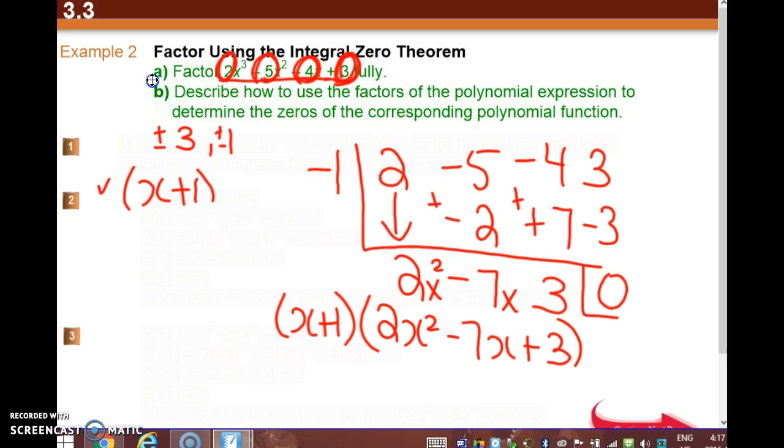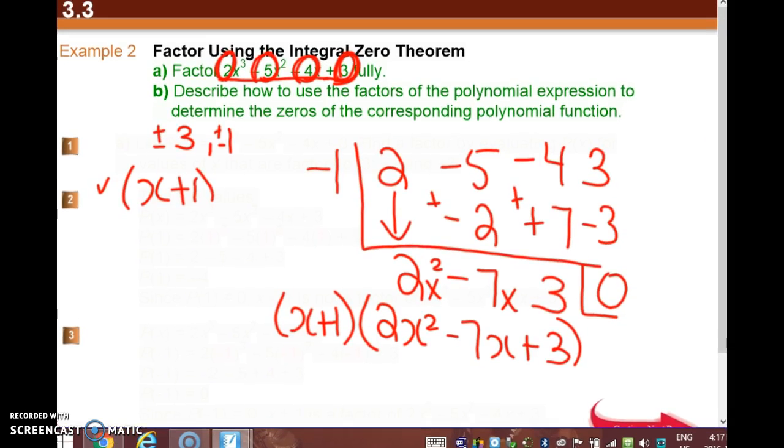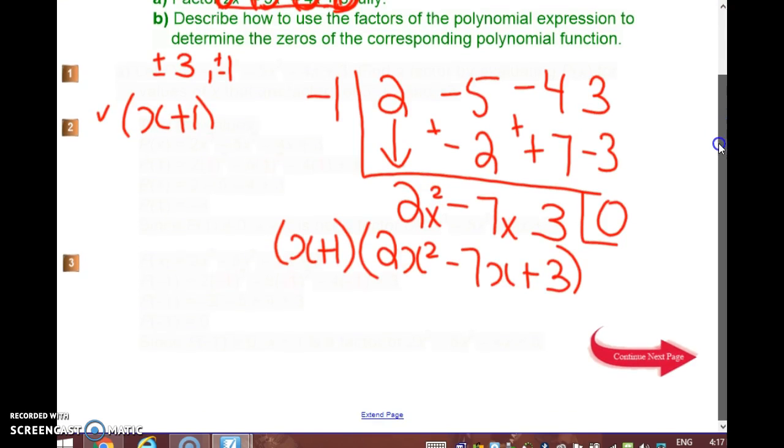Okay, and then we can see if we can do decomp with this part. So anything that multiplies to 2 and 3, so multiples of 6 that are going to add to minus 7. So multiples of 6 that are going to add to minus 7 are minus 6 and minus 1.